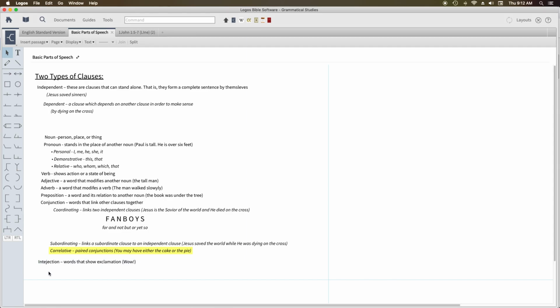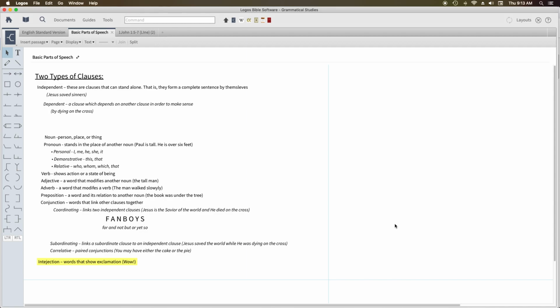And then last but not least on our parts of speech, interjections. Interjections are words that show exclamation. So "wow" would be an interjection. Now, I do not have an example of an interjection in the verses that we're going to be diagramming, but just know that they are diagrammed differently because typically they're just one word.